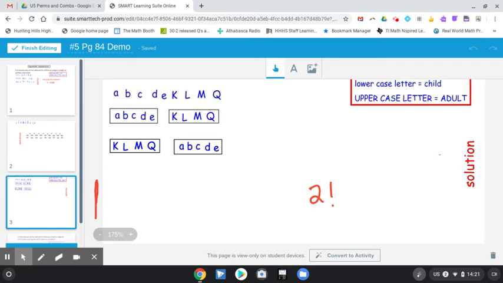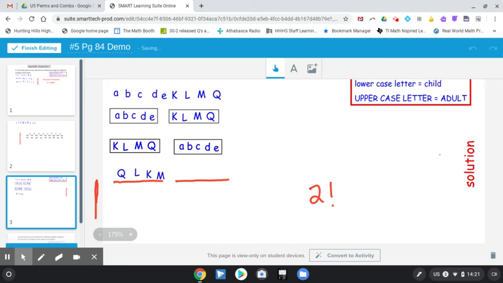So let's say that the adults are together. I'm just going to set up a little blank for them. The adults are going to stay together. The kids are going to stay together. But this particular order of adults doesn't have to stay. It could be Q is first, then L, then K, then M. Or it could be any arrangement.